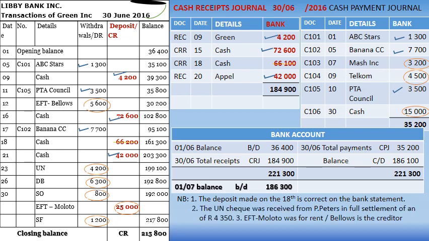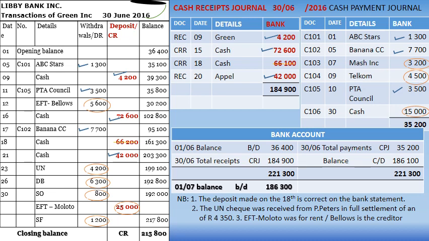The next note is about the UN abbreviation. It says that the UN is a returned check which was received from Peters in full settlement of his account of 4,350. When we have a check that has been dishonored by the bank, this check will have to be reversed in our books.